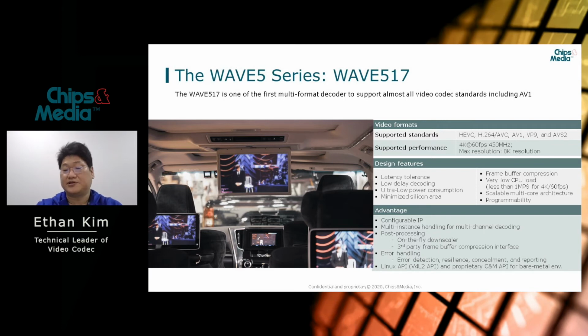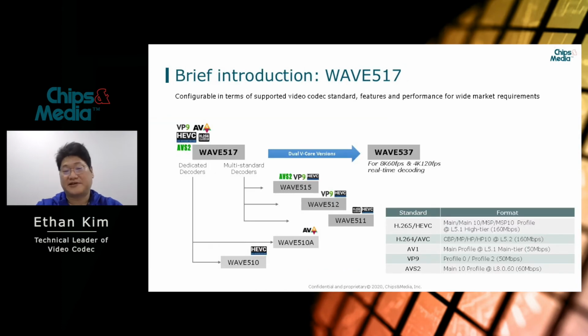The WAVE517 decoder has error resiliency. If the stream has an error, the VPU detects the error, tries to conceal it, and then reports it to the host. The WAVE517 configures the supported video codec standards, features, and performance based on market need.